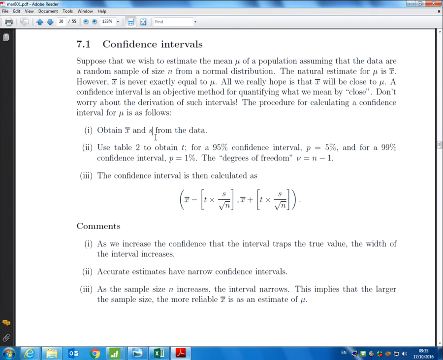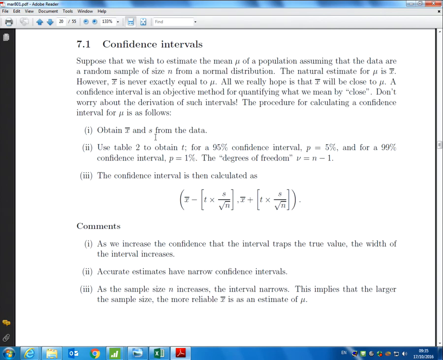The standard level of confidence is 95%. Does that make sense to you all? That you want confidence to be high? If you're 95% confident about something, there's only a 5% chance that you're wrong. So we want to minimize that error. 95% is a common standard to use.